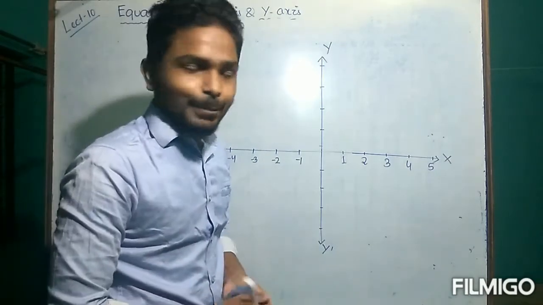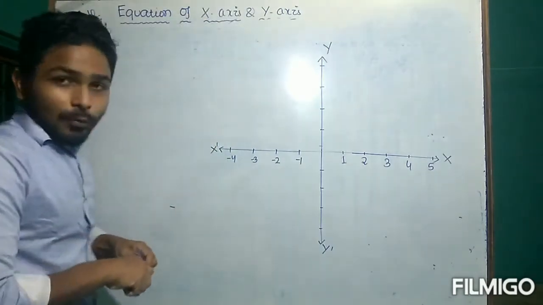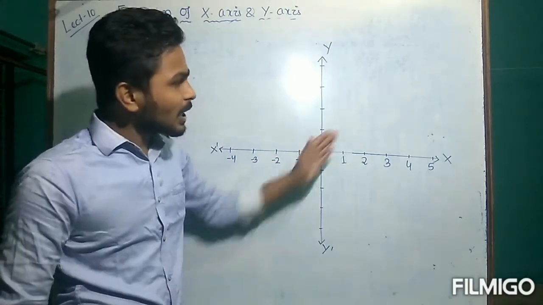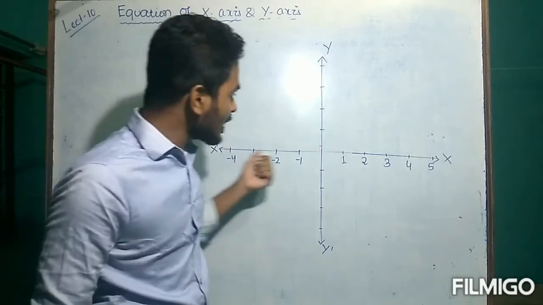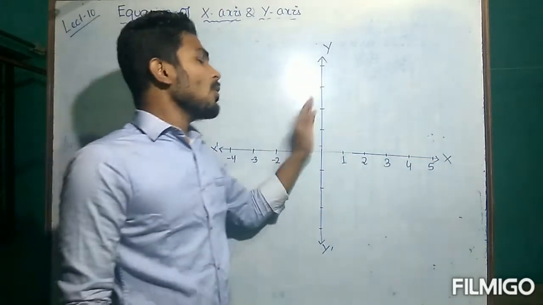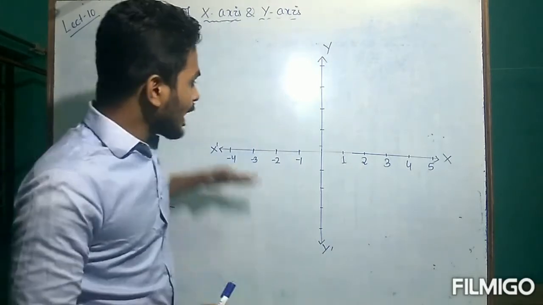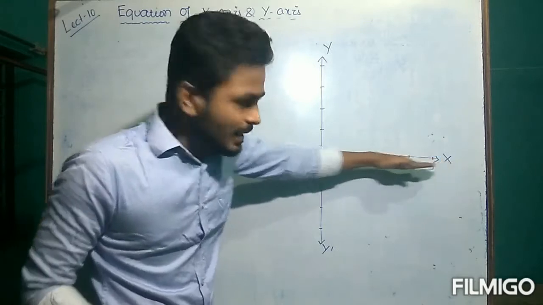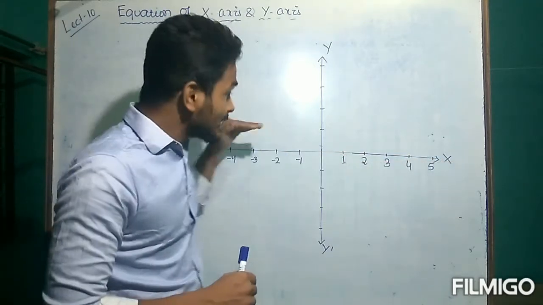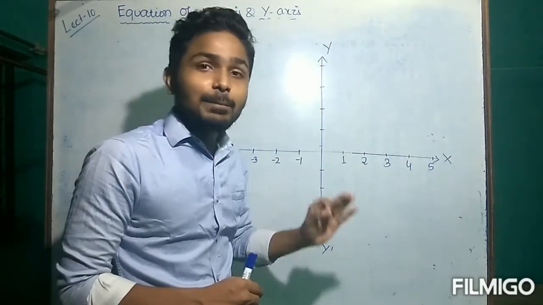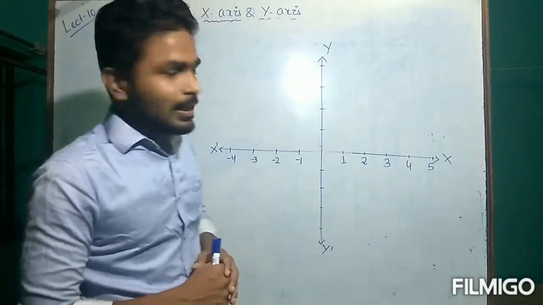So let's get started. As you know from chapter 3, in a Cartesian coordinate system there are two axes. The horizontal axis is known as the x-axis and the vertical axis is known as the y-axis. Now, is this x-axis a straight line or not? Yes, it is a straight line. Since it is a straight line, as you know, any straight line represents a linear equation.